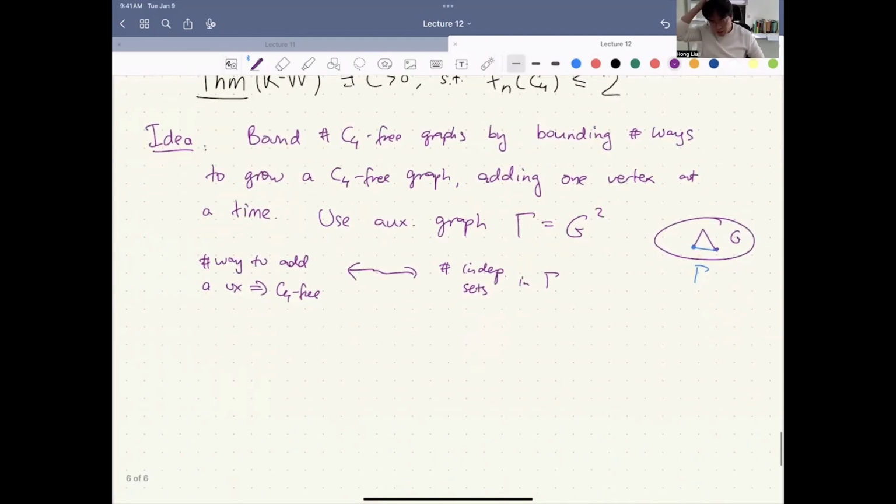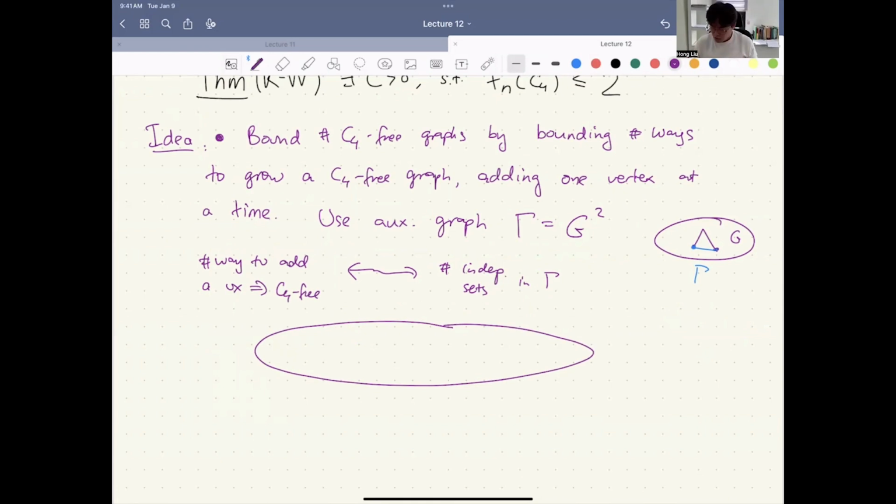Why? Let me explain this. This is the first key point. This is because, suppose this is the current graph. We grow to a certain size. Now we're going to add one more vertex. Add a new vertex.